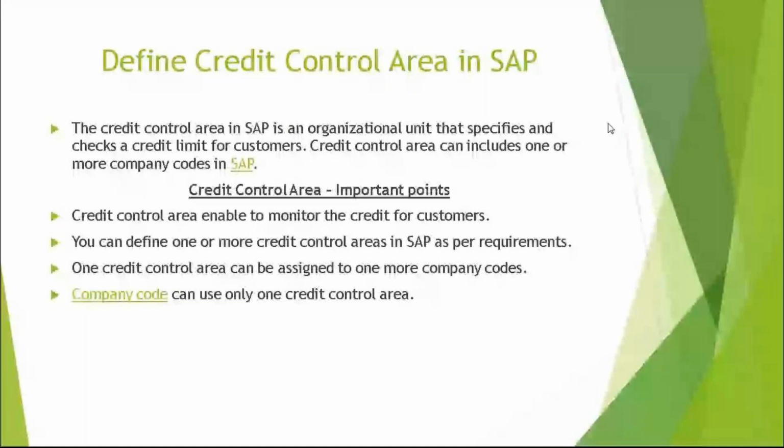FICO will do the financial transactions, anything financial, and in the controlling part we do costings and all. Every other type of module is integrated into FICO. FICO is the base. So in FI itself, we will be creating the related requirement information for the other modules.